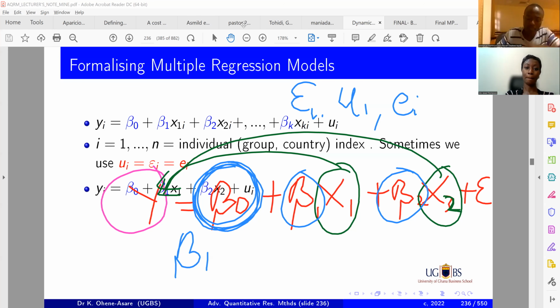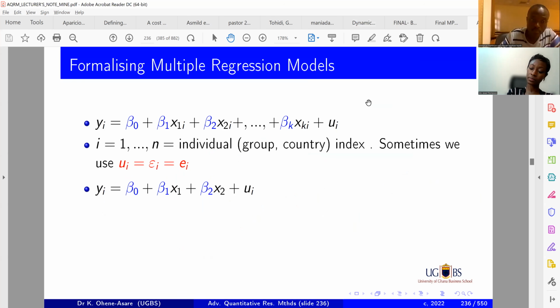But the most important thing now is what is it? What does it do? What is the purpose of this term? The unobserved heterogeneity. Well, it is the error term.